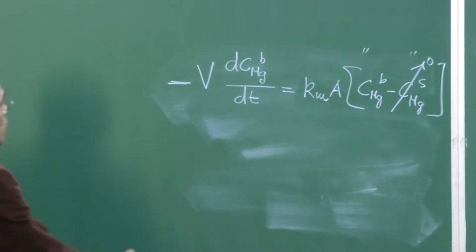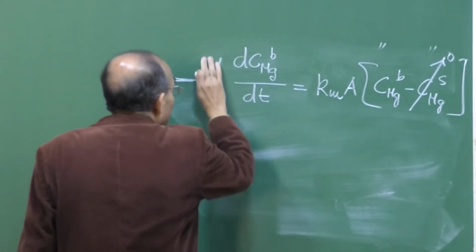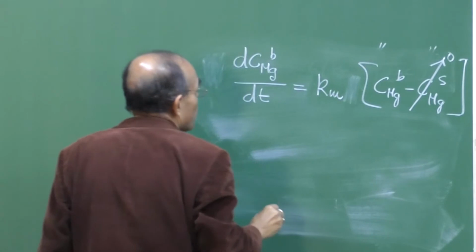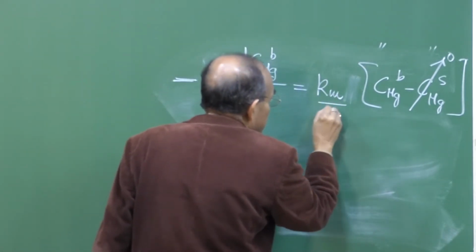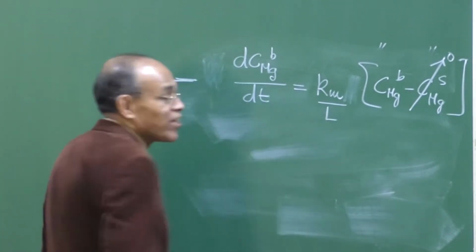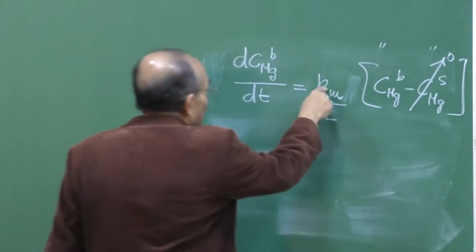Since V is equal to pi r square L and A is equal to pi r square, A by V is equal to 1 by L. So, Km by L is actually the rate constant, because meter will cancel, and it has a dimension of 1 by second.